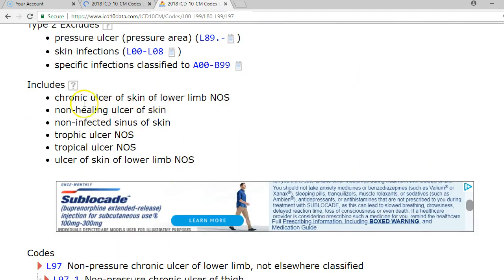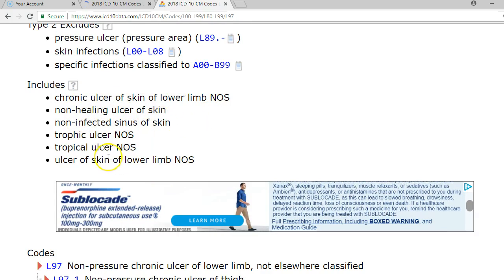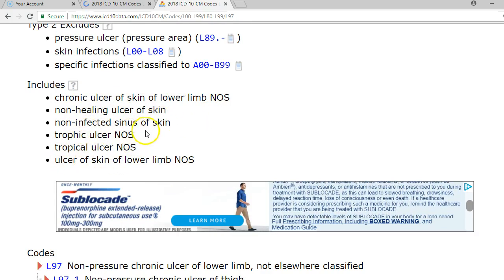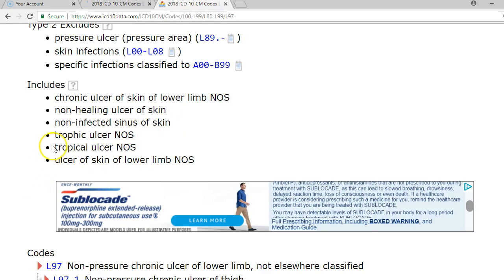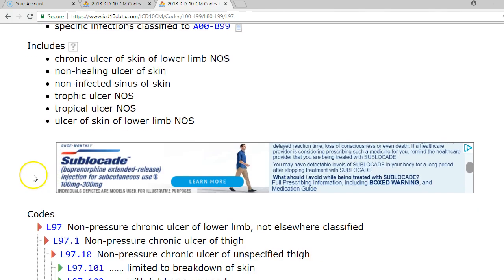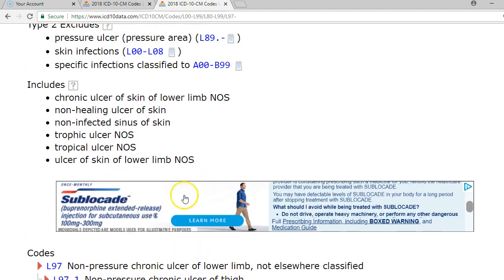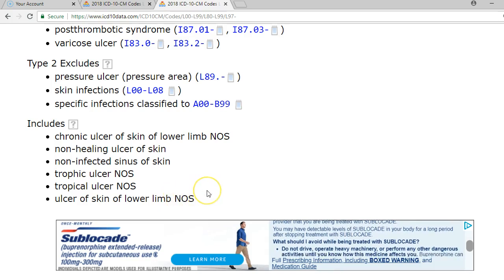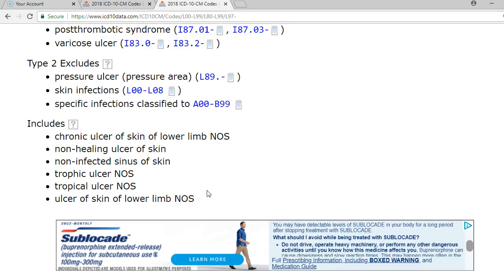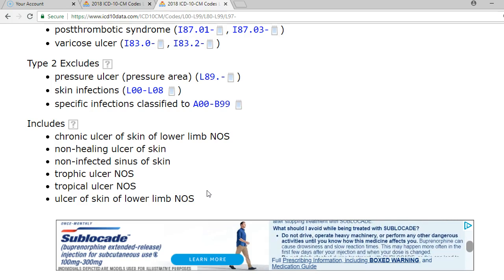Okay, it also includes chronic ulcers of the skin, non-healing ulcers of the skin, non-infected sinus of skin. They might use the term trophic or tropical ulcer, or just an unspecified ulcer of the lower limb. So again, this is what's interesting, pressure ulcers are usually because someone is constantly in that position.